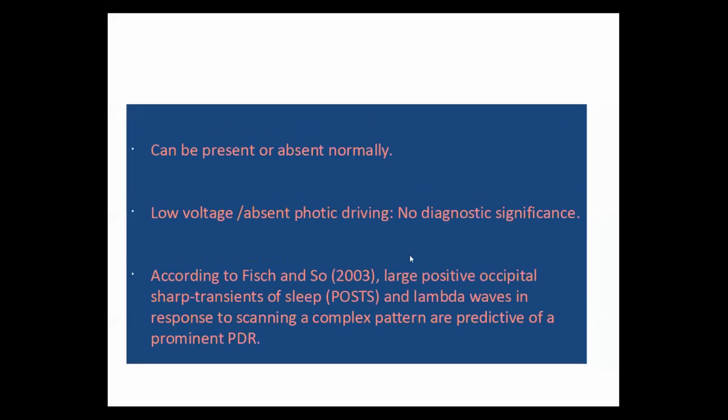It can be present or absent normally. If the photic drive is not present, it doesn't mean that the patient is abnormal. So if the voltage is low or photic driving is absent, there is no significance.